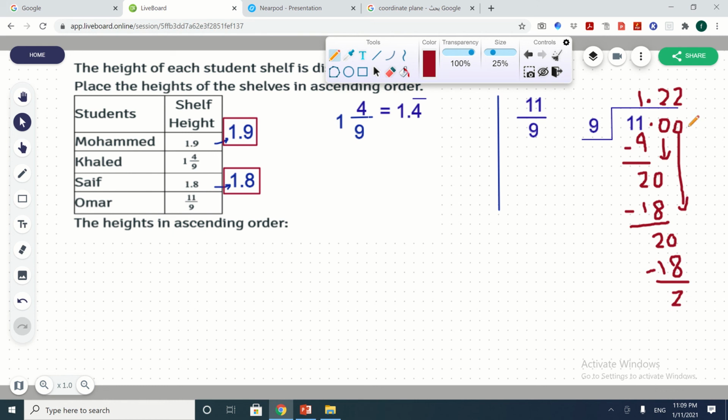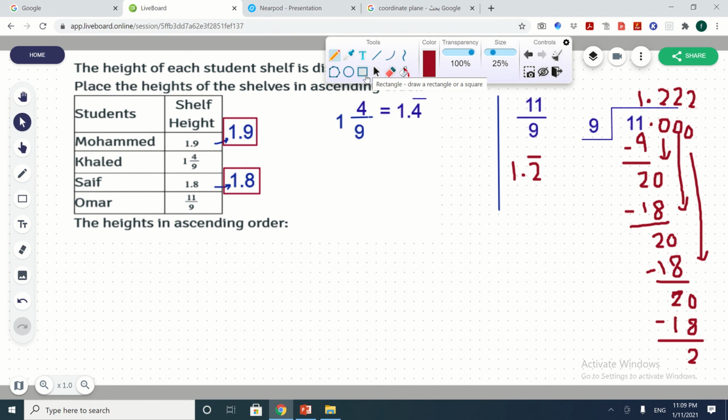Bring down 0. What do you notice? It's a repeating decimal. 2 every time we bring it down. We will do the same operation. Since this number is repeating, the answer here is 1.2 and this 2 is a repeating decimal.